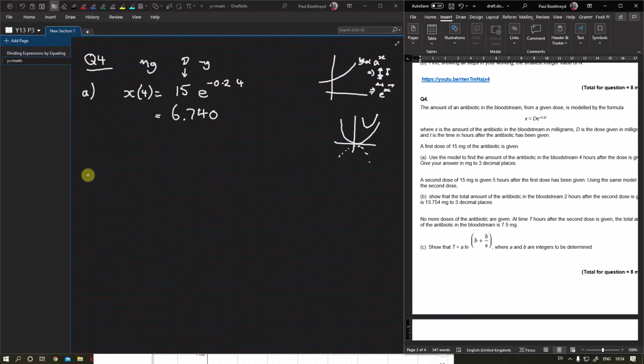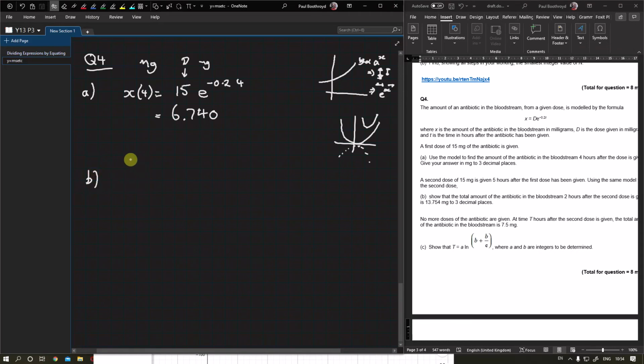So part B, the first part we need is how much is left over from the first dose. The first lot after 5 hours is 15 e to the minus 0.2 times 5, which is 15 e to the minus 1.